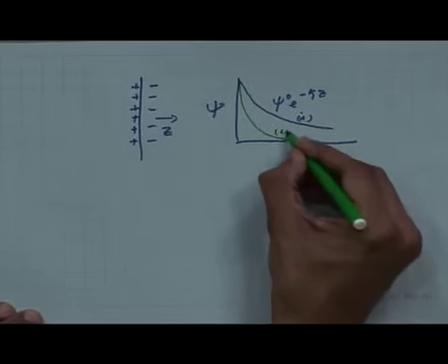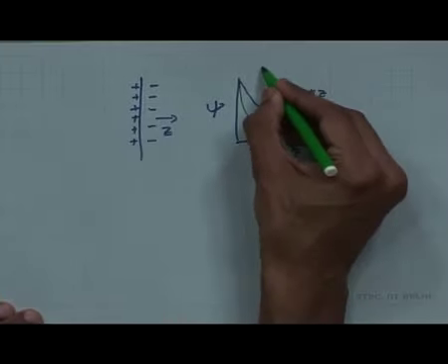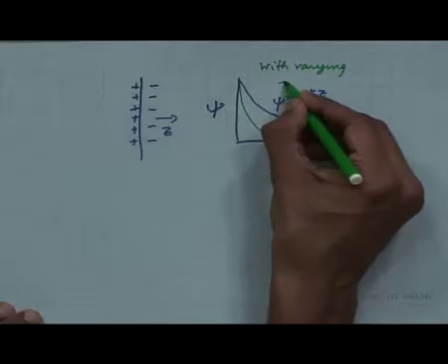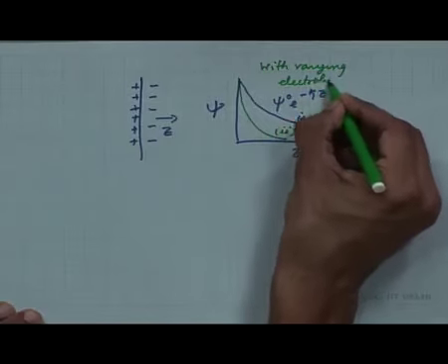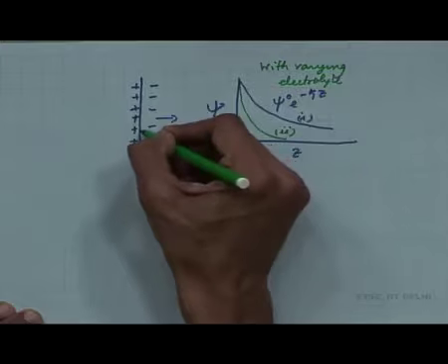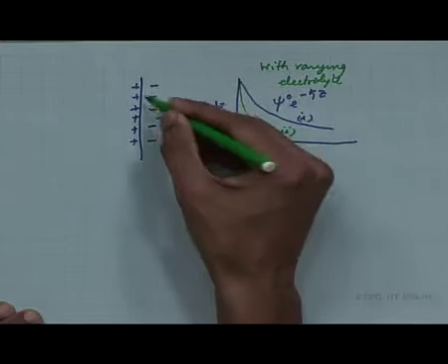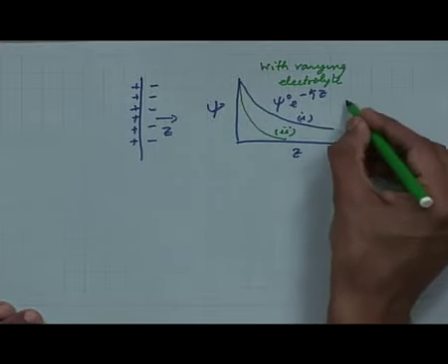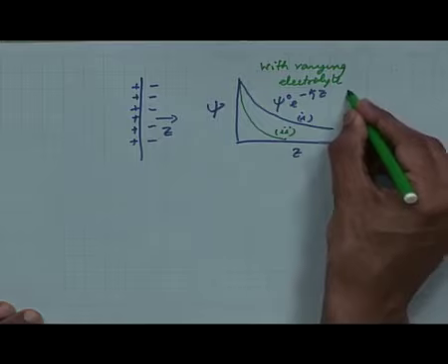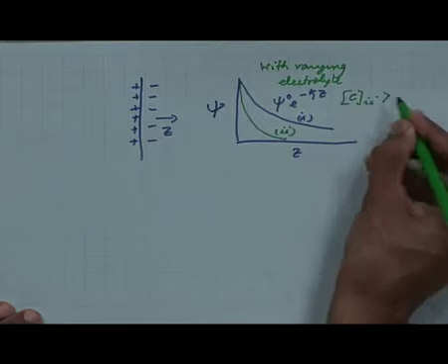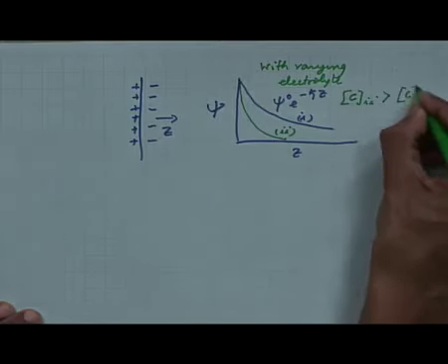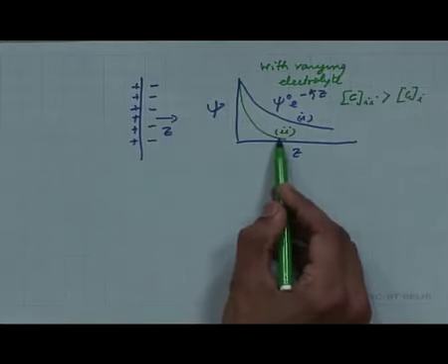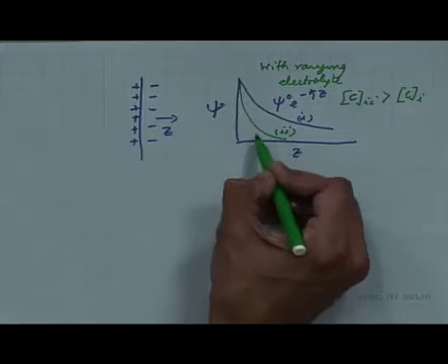So, with varying electrolyte concentration, we are looking at the potential of the double layer as you go away from the surface of this colloidal particle. What we are saying is, when the electrolyte concentration in 2 is greater than in 1, the potential starts to drop.